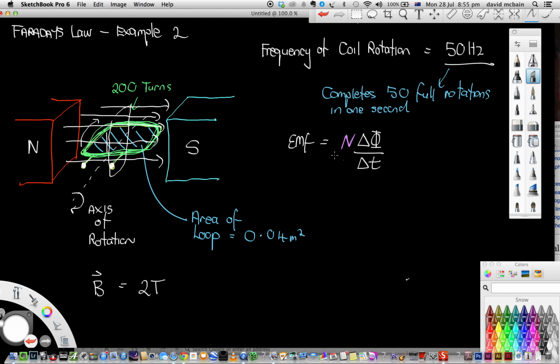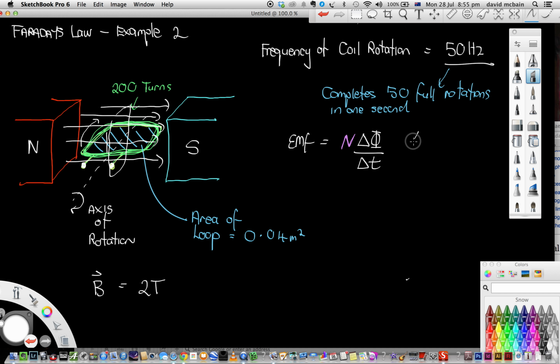Well, once again, we use two key positions. We use the position when the coil is horizontal, and when the coil is horizontal, because none of the field lines can pass through the coil, then we know the flux is zero at that instant. And when the coil is vertical, that's when the maximum amount of flux can flow through.